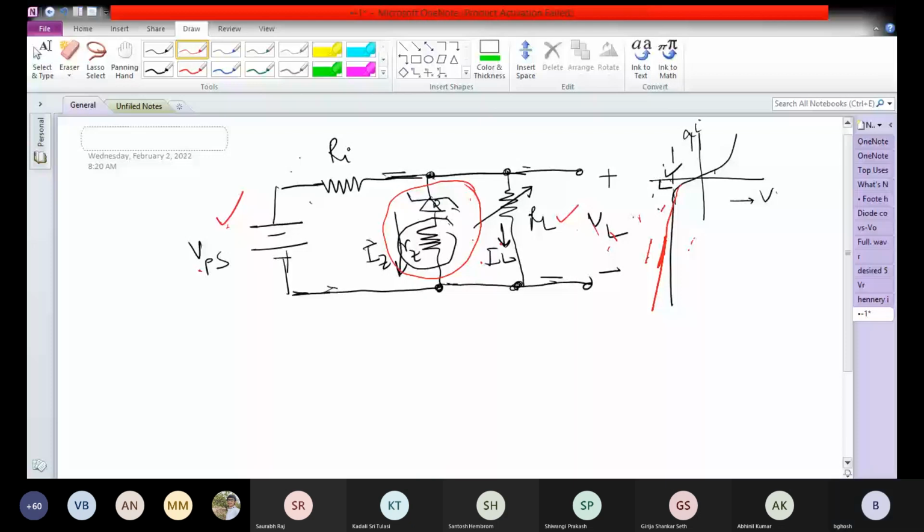In fact, we designed Ri such that this event occurs. But now with the resistance Rz in place, this will not happen. That is, when the resistance RL is going to vary, or when the supply voltage VPS is going to vary, the output voltage VL is going to change slightly.